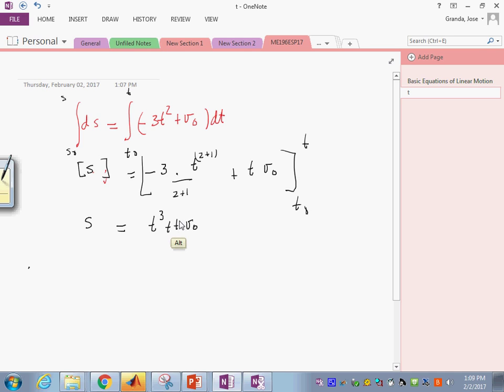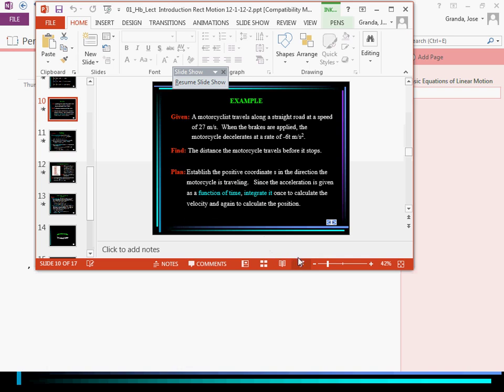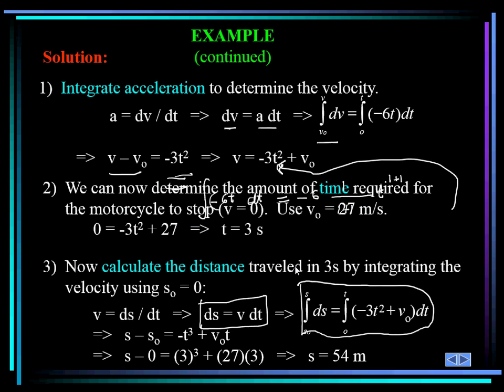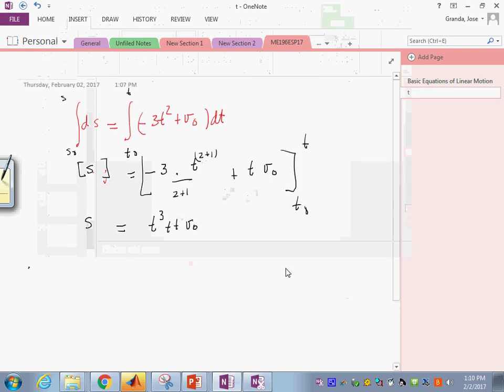And we have to go back to the numbers in here. That's 3, and then the other is 27. So that's how you get it.